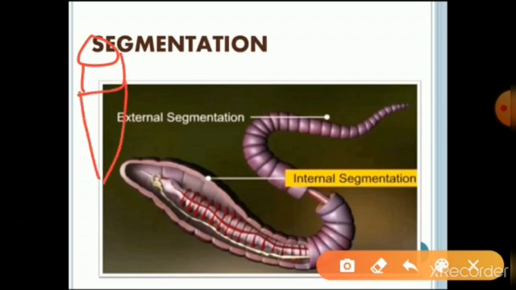And in chordates also, segmentation is seen in the form of vertebrae, ribs, nerves and blood vessels. So segmentation is a very important characteristic of phylum Annelida, Arthropoda and Chordata.